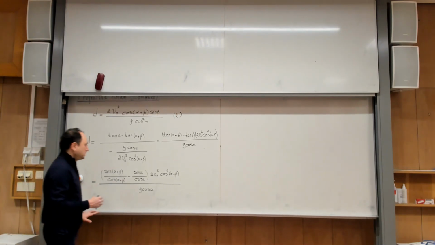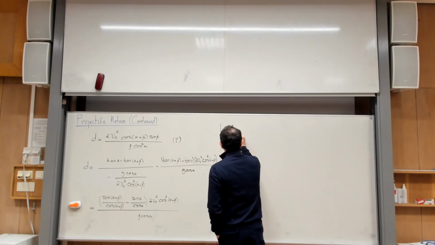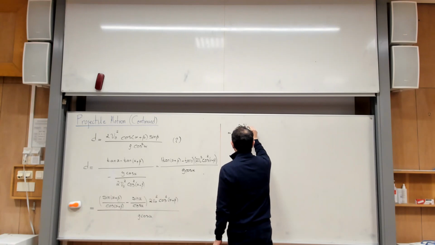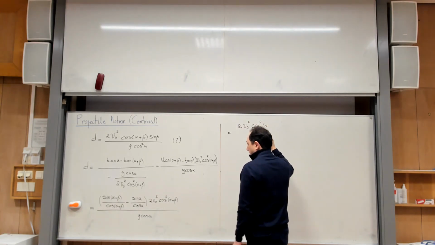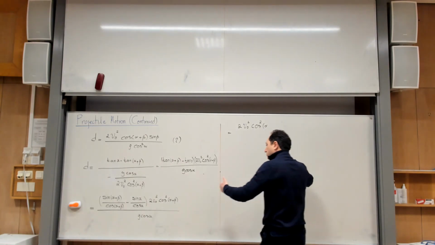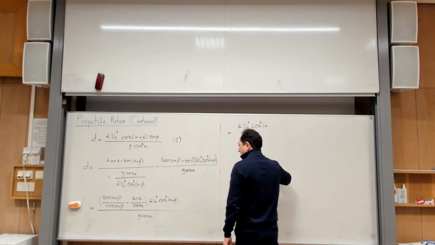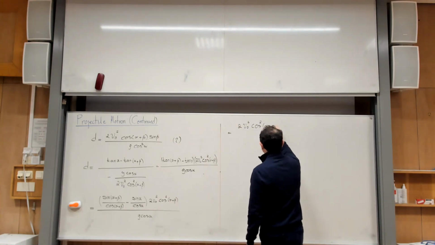So let me take the common denominator to see what is going on. If you don't mind, let me write this first: 2v node squared cosine squared alpha. Of course, I could do what Oleg mentioned and then take the common denominator. That will also work. But let me consider this one.